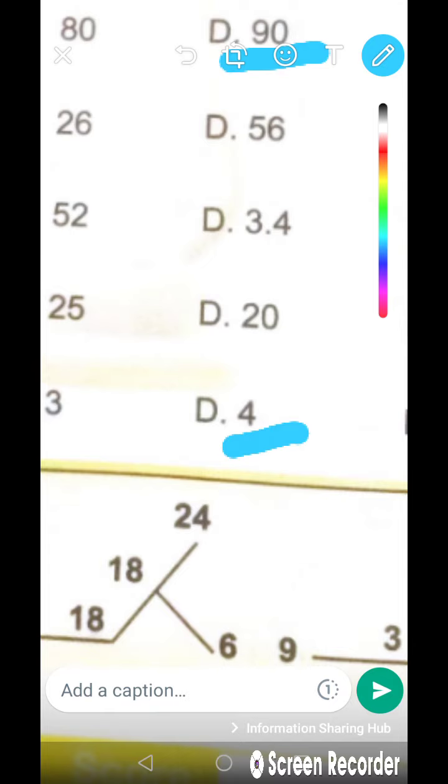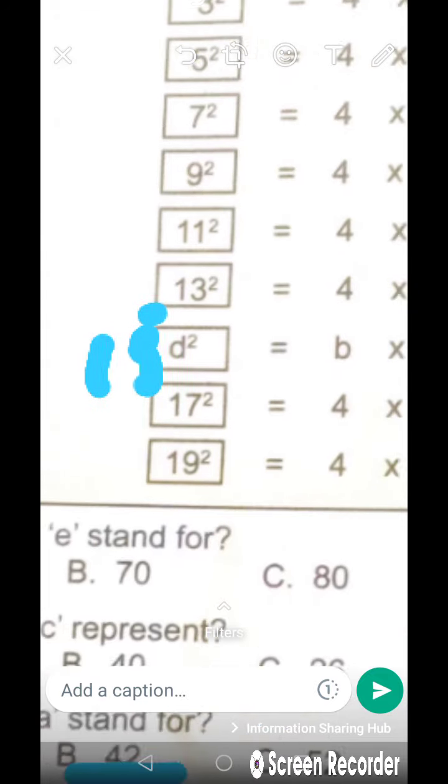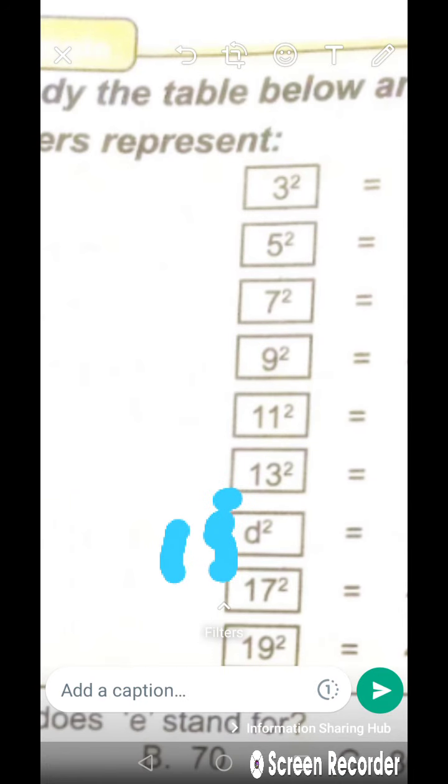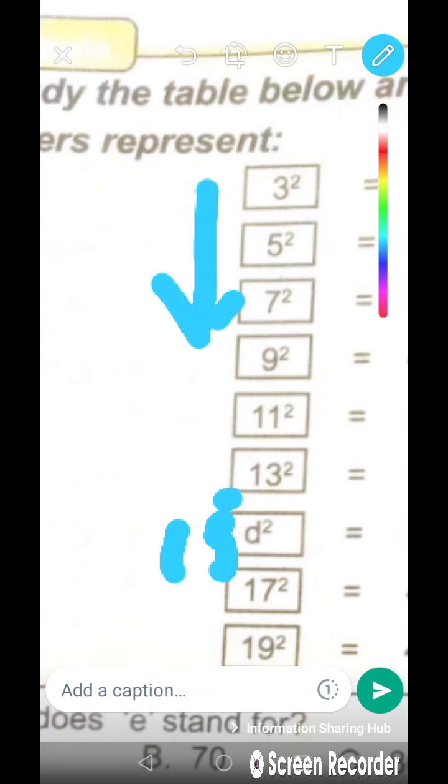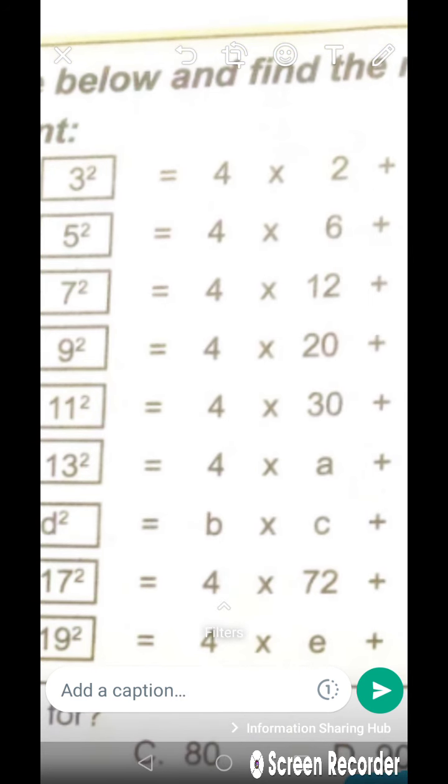They are testing our knowledge on even numbers on the left here. Our knowledge on even numbers is tested on this column, while our knowledge on constants is tested right here.